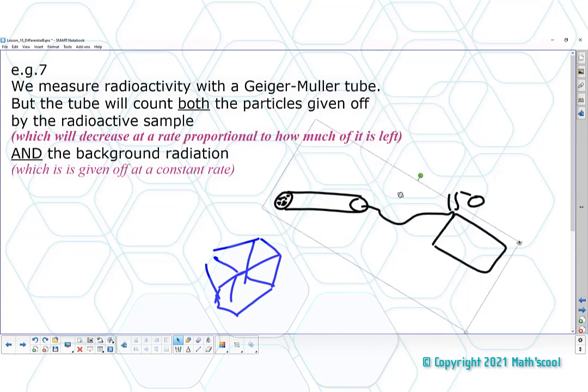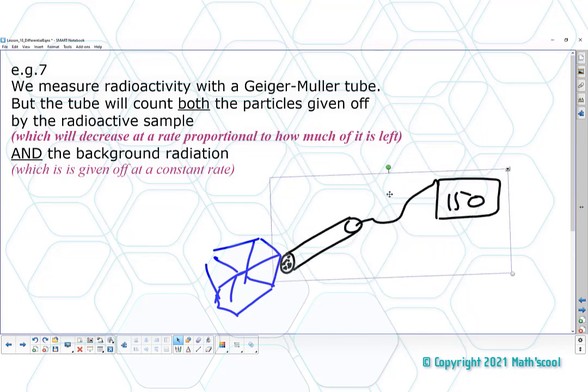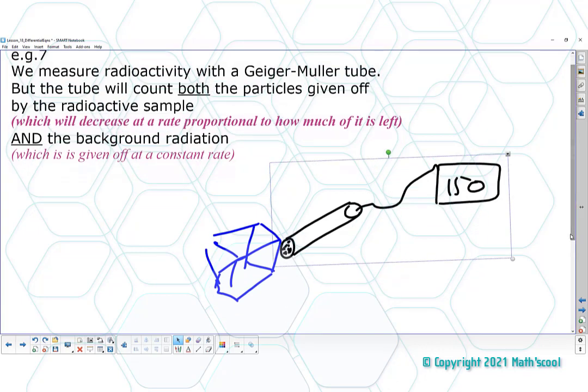When I point it back to the uranium sample, it gives me a count of 150. How much is coming from my sample? Right, so 140 is coming from here, and 10 is coming from just the background radiation.